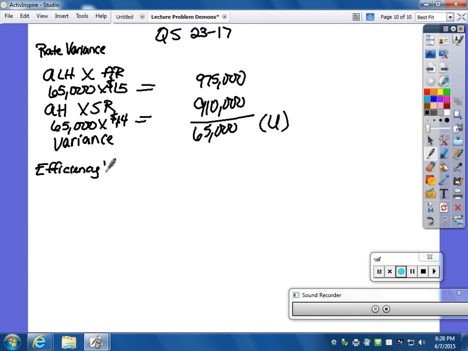We're going to find the standard cost. So what you're saying is we already have actual hours times standard rate of the 910,000, right? Yes. And right now we're going to use the standard hours times standard rate.